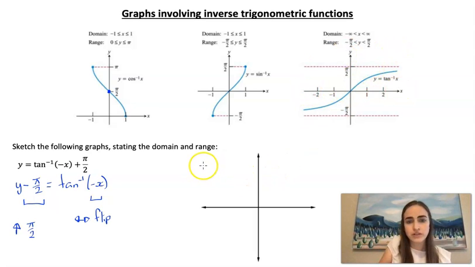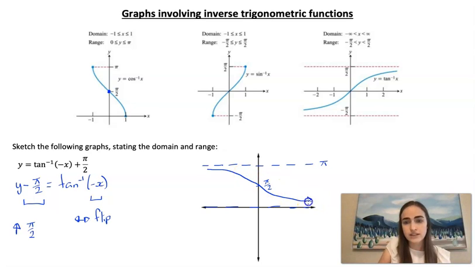So the first thing I'm going to do is draw in that asymptote, and that is at pi. And we know there's another one along here at 0 as well. We also know that our y-intercept, instead of being at 0, has moved up to pi on 2 now. Like we said as well, it's shifted direction, so it's starting up here, and we're going to curve down this direction instead.